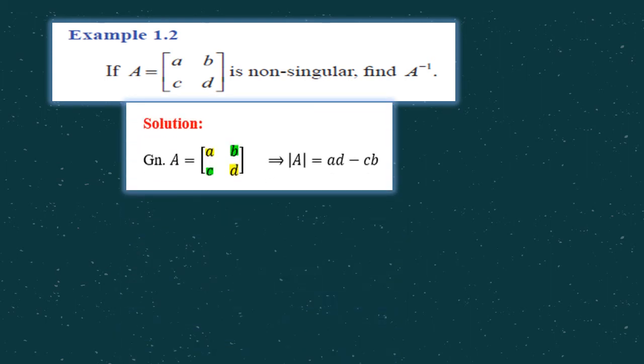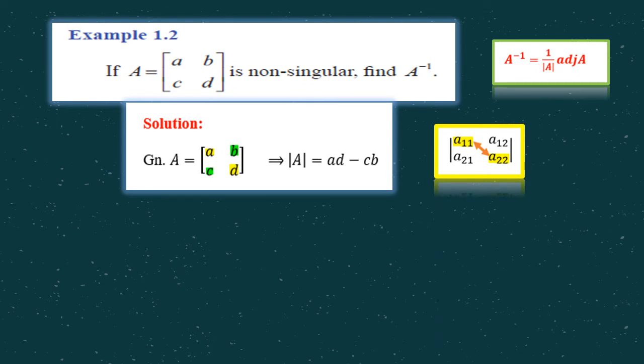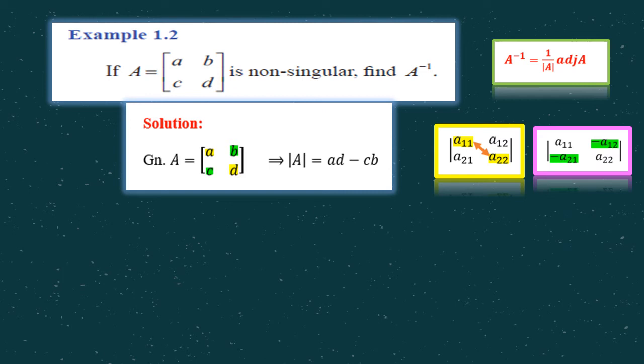Given capital A equal to ABCD, you remember the formula: A inverse equal to 1 by determinant A into adj A. So we need to get the value of determinant A and adj A. Determinant A equal to the product of the main diagonal elements minus the product of the other two, so AD minus CB. So what is adj A? Remember the steps. Step 1, interchange the main diagonal elements. Step 2, change the sign of the other two elements.